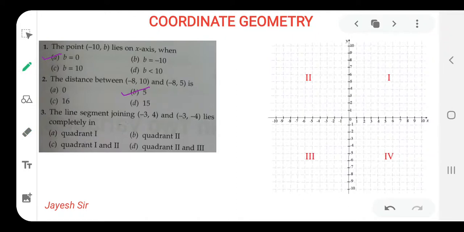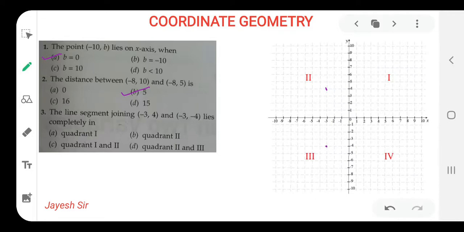Let us begin with the third sum for the day. The line segment joining (-3, 4), which lies in quadrant number 2, with minus 3 on the x-axis and 4 on the y-axis, so the point is over here. And (-3, -4) lies somewhere over here.